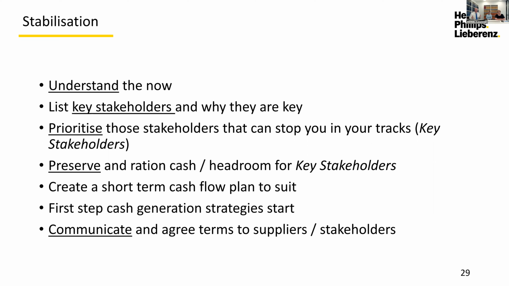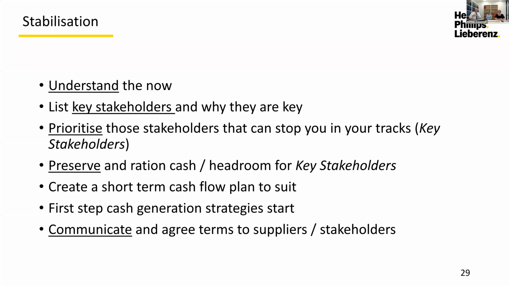And you'll therefore have a list of important, it's a nasty word to say, important stakeholders and non-important stakeholders. And you're really going to have to preserve your cash flow, firstly, to deal with those important stakeholders, because they're the stakeholders that could bring the end to your business, your association's activities.